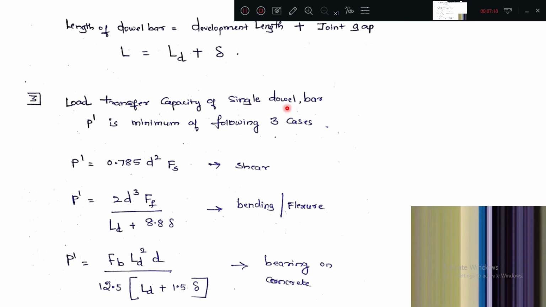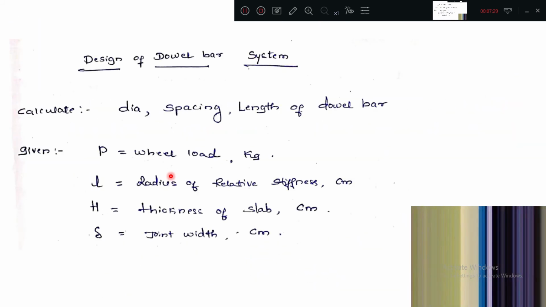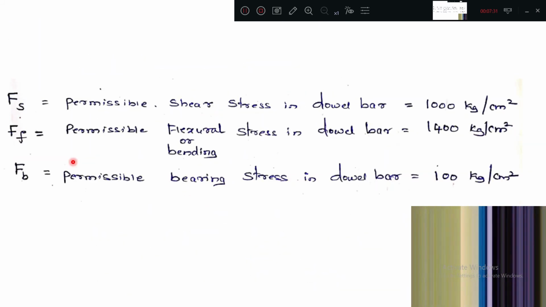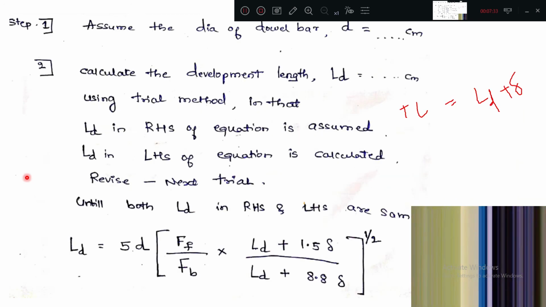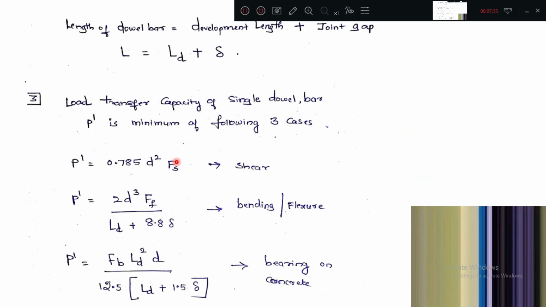Of a single dowel bar, of one dowel bar. Now what is this Fs? Fs is the permissible shear stress of the dowel bar. You have heard, no? Fs, Ff, Fb, so these are replaced here. What is this small d, wherever it is coming?